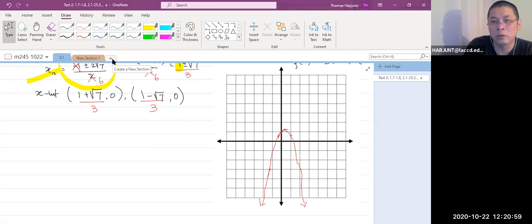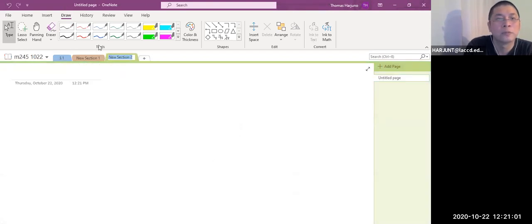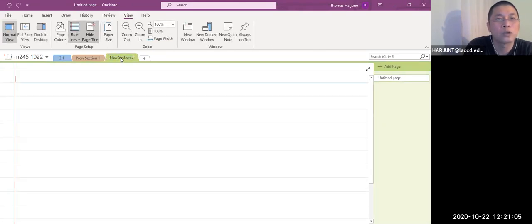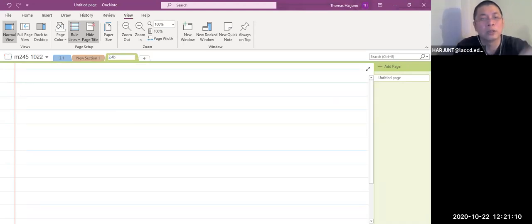Let me go on to 2.4 in the next 20 minutes. I only have 15 minutes actually, but I have to cover this. 2.4, I call that part B, the piecewise defined function. The idea is actually very simple.